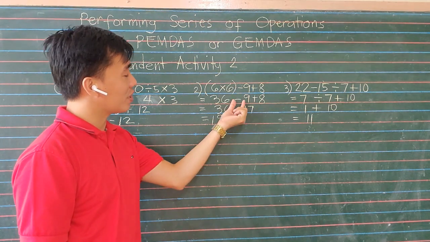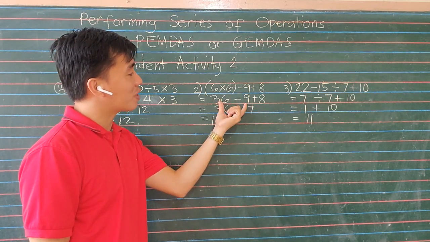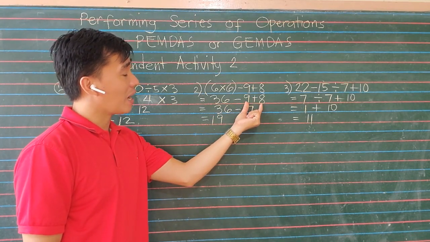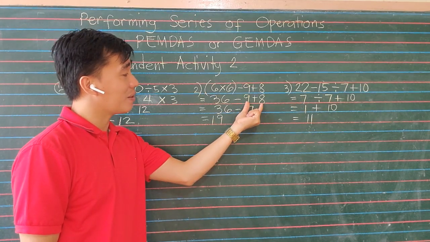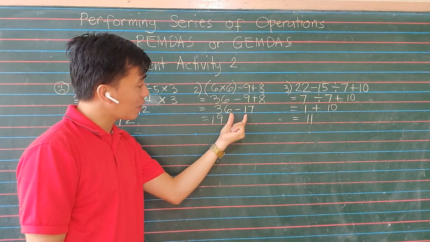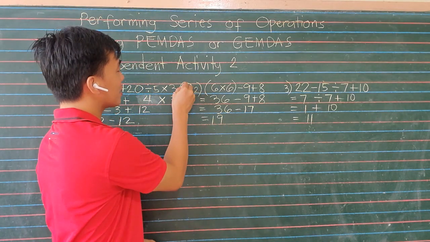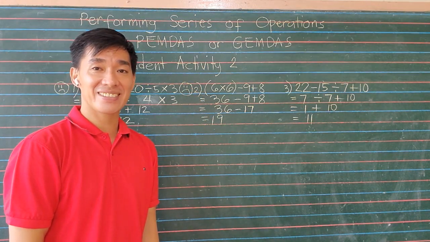So, subtraction here is ahead of addition, so therefore you subtract first before you add. But in this case, number 2, it was added first before it subtracted, 36 and 17. So I think this is a sad face. The solution is not correct.